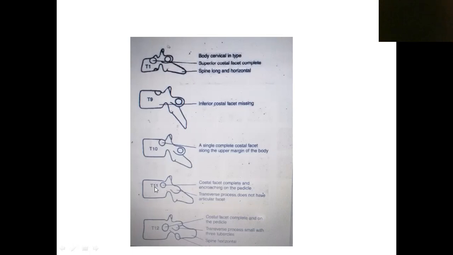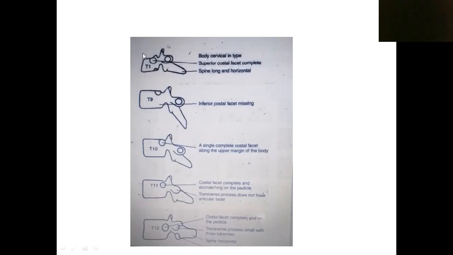Then the 12th one has a complete superior articular facet towards the upper border. But the peculiarity here is that the transverse process does not have an articular surface. All these others have articular surfaces.